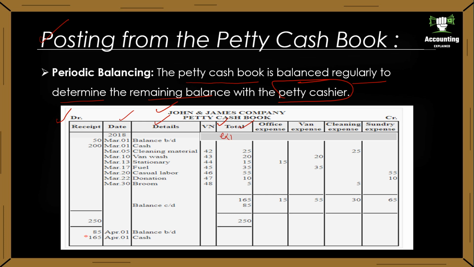And the expenses are categorized as office expenses, van expenses, cleaning expenses, sundry expenses. On to the right it is the credit side, that is your expenses. Okay, so see here, at the end of the month petty cash will be balanced. You have been given 250 as a petty cash amount, and this is your expense amount 165, and 85 is your balance carried down.